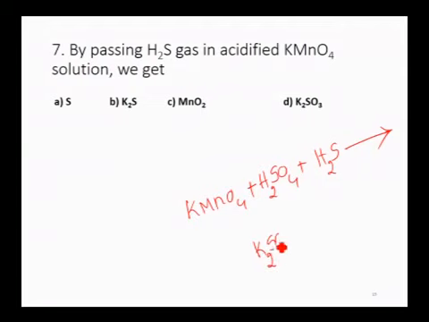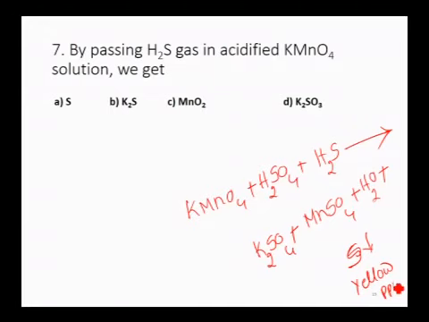It forms potassium sulfate plus manganese sulfate, water and yellow precipitate of sulfur, where acidified potassium permanganate oxidizes H2S to yellow precipitate of sulfur. So, among the options, A is sulfur, B is potassium sulfide, C is manganese dioxide, D is potassium sulfite. So, the suitable answer is sulfur, A.